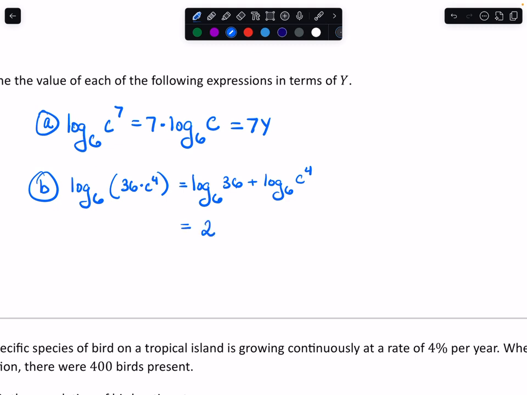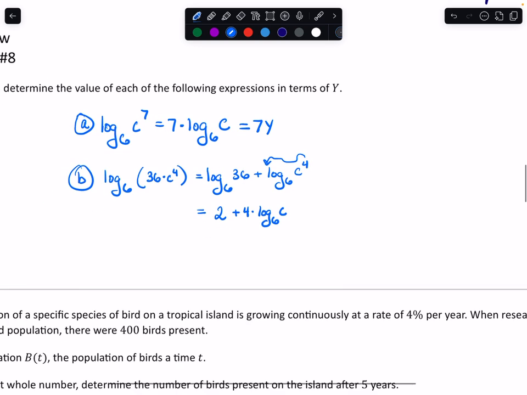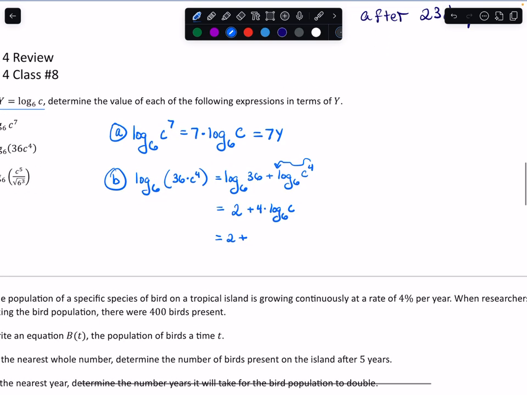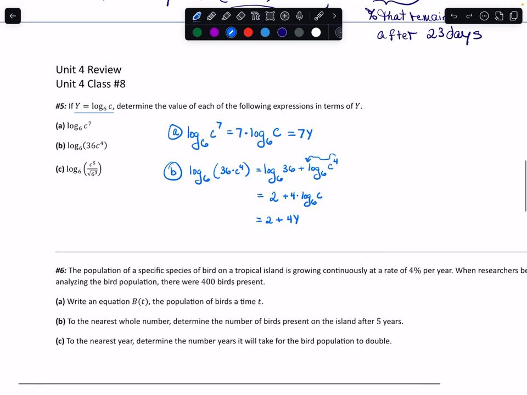Crazy, right? It's fun to say that stuff fast. And this 4, like before, can come out in front as a coefficient. So that's 4 times log base 6 of c. And once again, log base 6 of c is y. So it's 2 plus 4 times y. I know this doesn't have a y in it, but overall, this is an expression in terms of y. So that is, again, an acceptable final answer.